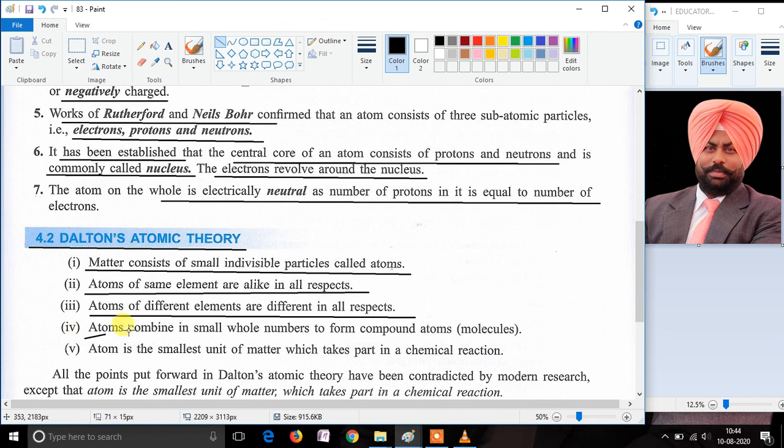And here are the points that atoms combine in a small whole number ratio, and the smallest particle which takes part in a chemical reaction is an atom. So all these points were given by John Dalton, and they are known as Dalton's atomic theory.